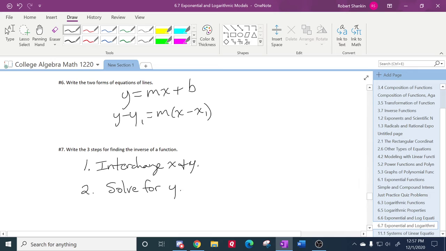This has to invert every function, so whether it's addition, it becomes subtraction, all that kind of stuff. And it forces them to be done in the correct order. And then lastly, replace y with f inverse x. And then you've got your inverse function.